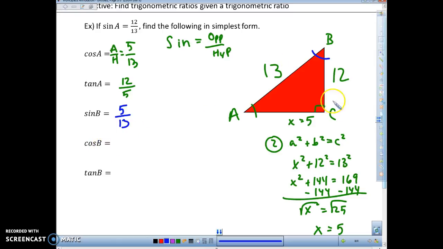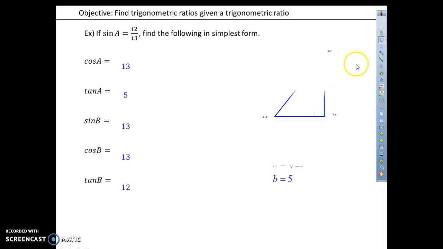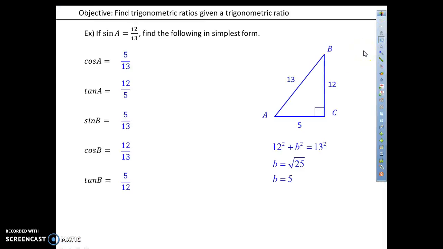Cosine is adjacent over hypotenuse, 12/13. And then tangent is opposite over adjacent, so 5/12. So this is what we should have gotten.